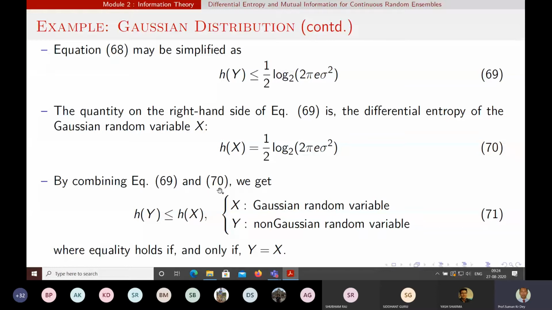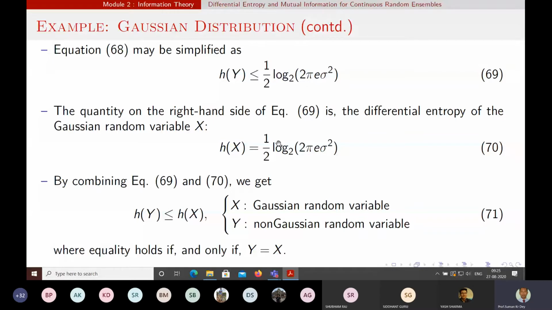If you see equation number 70, when we calculate the differential entropy with respect to s, at that time we wrote that this term will be equal. There is no less than; h of x is equal to this term. But h of y is less than or equal to this term.